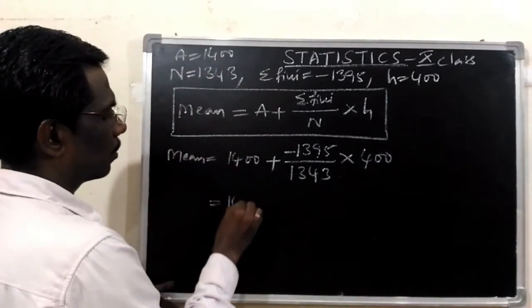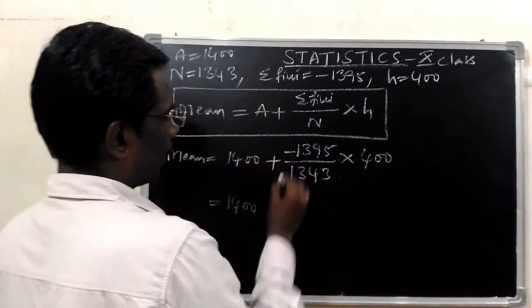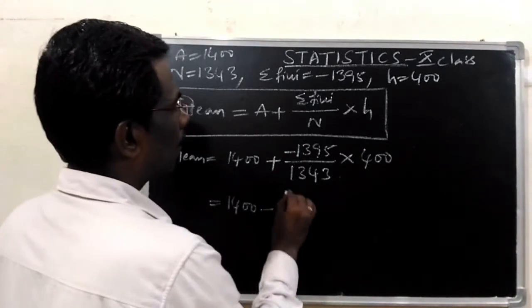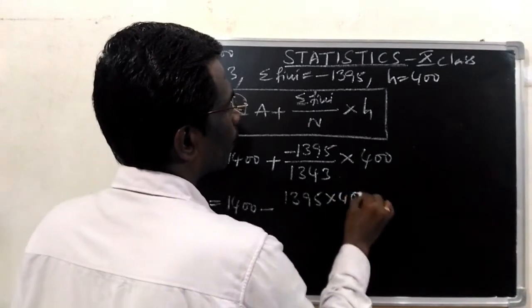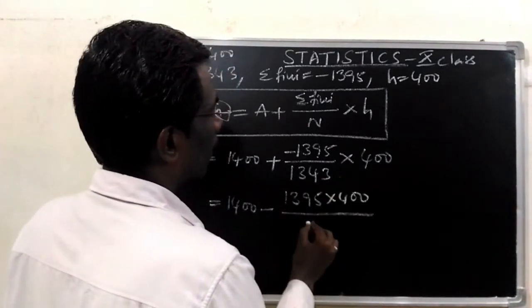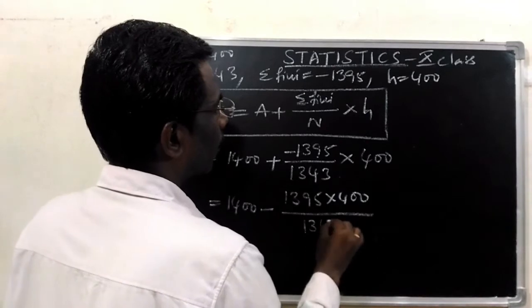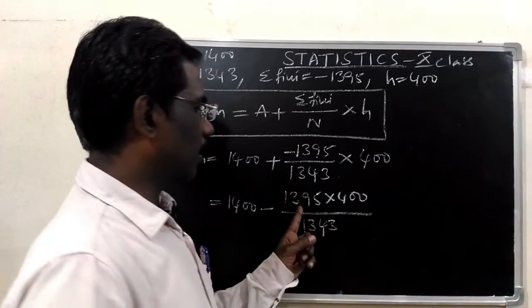So it is 1400 plus minus 1395 into 400 divided by 1343.